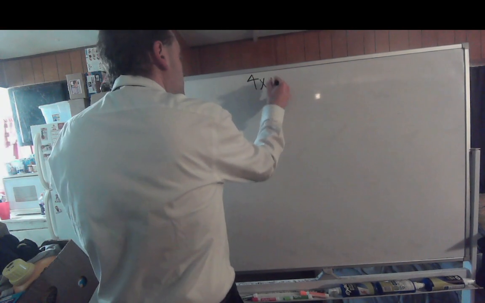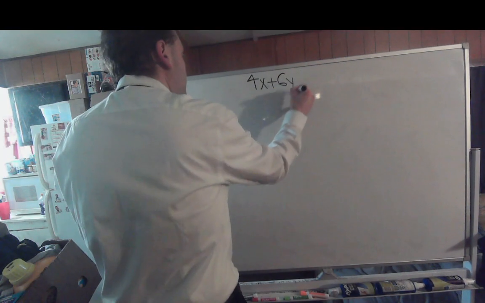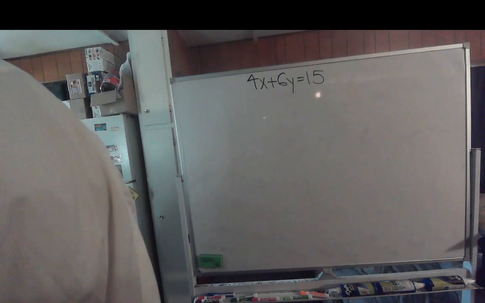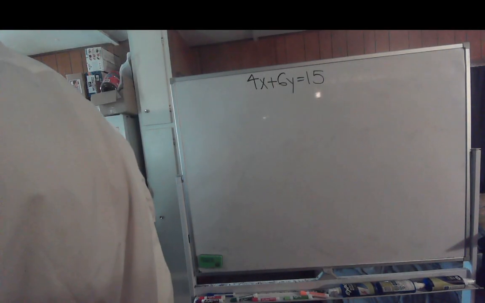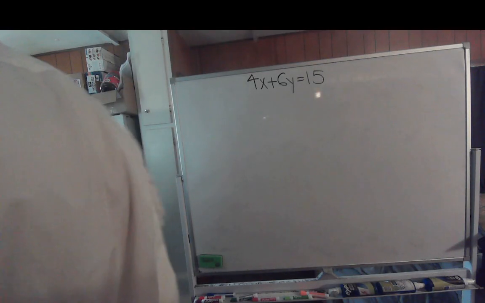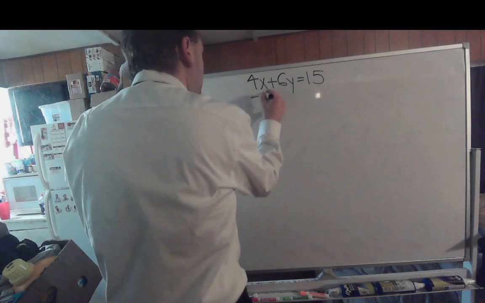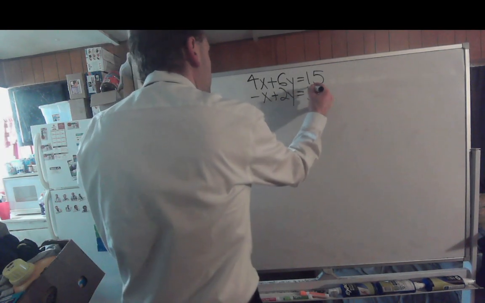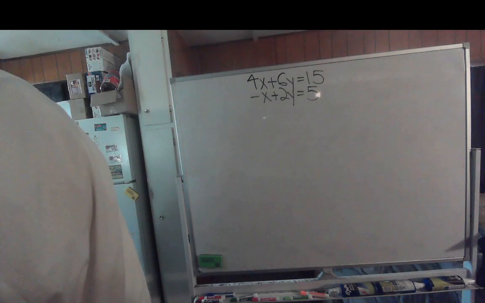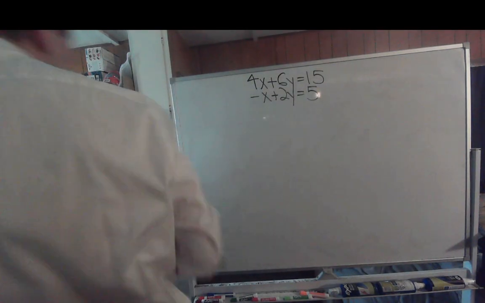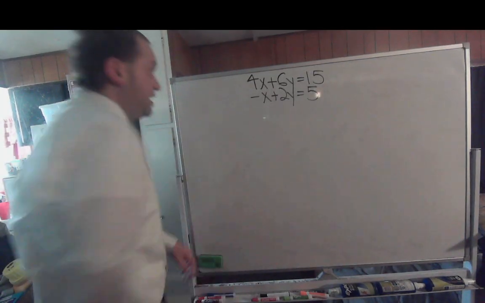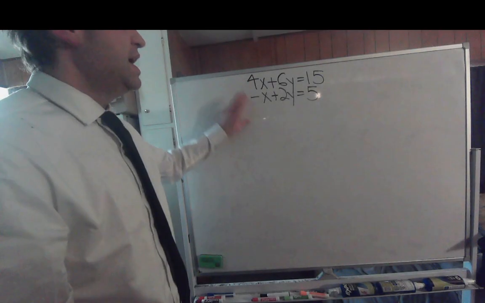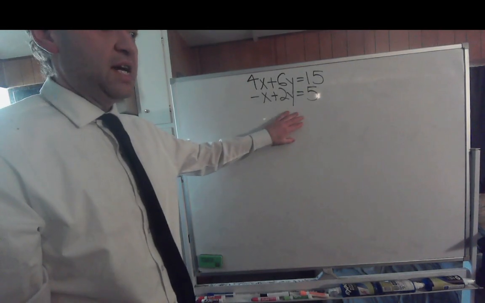4x plus 6y equals 15. Negative x plus 2y equals 5. So we have the system here, 4x plus 6y equals 15, and negative x plus 2y equals 5.